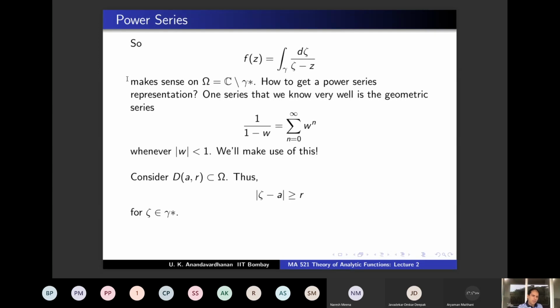If you take the disk D(a, R) contained in omega, and if you take a number zeta on gamma, meaning in the range of gamma star, try to visualize.